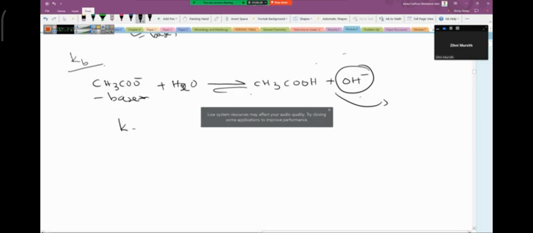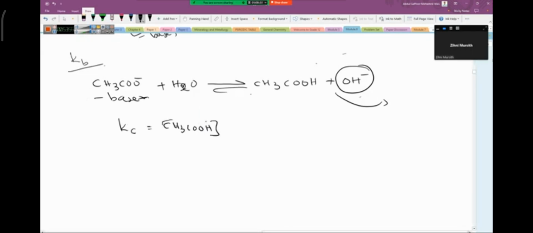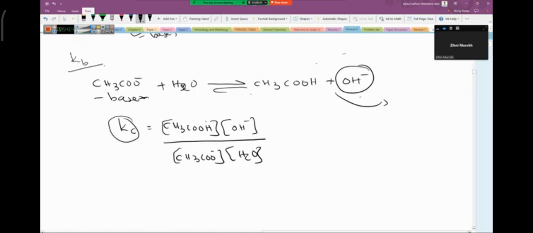So I can write Kc is equal to CH3COOH concentration, OH minus concentration, divided by CH3COO minus concentration, H2O. Now Kc itself is a constant. When the temperature is constant, H2O concentration is also constant.